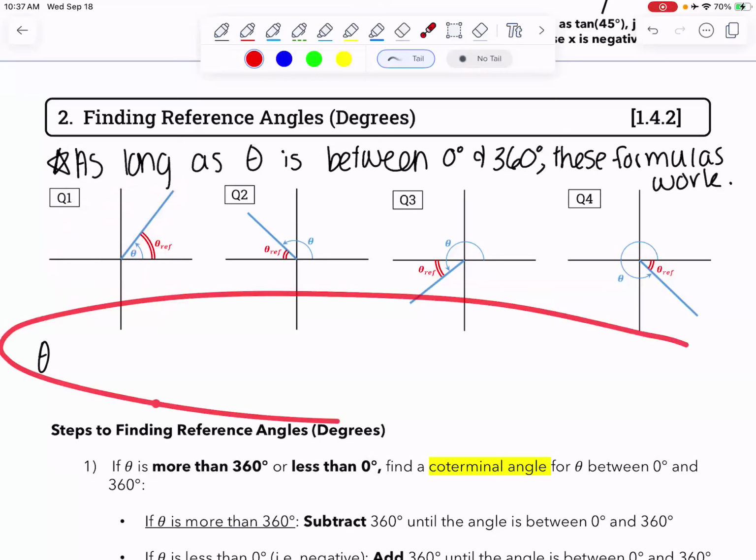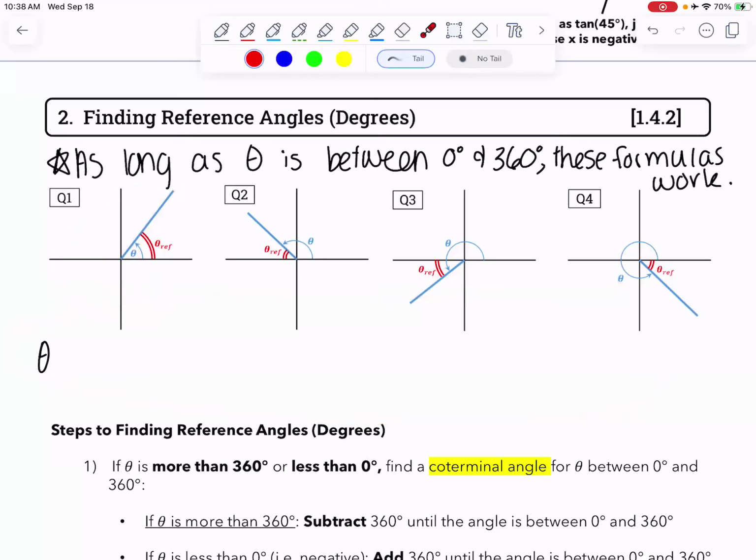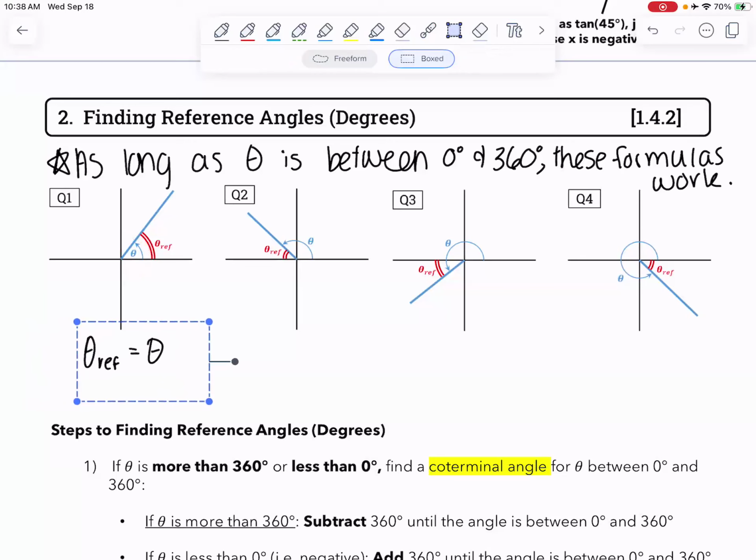The formulas I'm about to write down are assuming that we're talking about the angle that is between 0 and 360. And you can always find a coterminal angle. We'll talk about that in a moment. But assuming that theta is between 0 and 360, like this picture here, theta in the first quadrant, the reference angle is just theta. The reference angle is the angle. Boom. Wham, bam, thank you, ma'am.